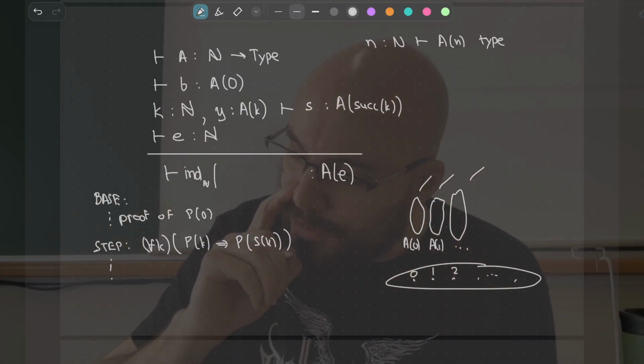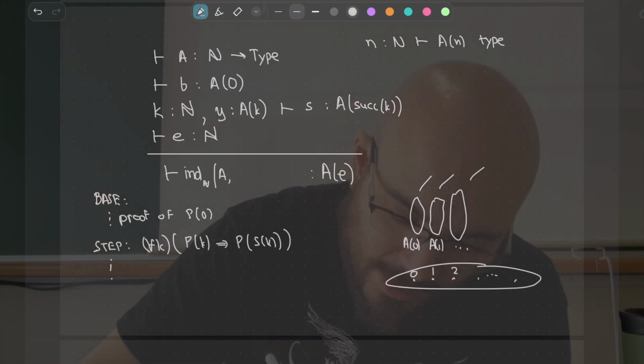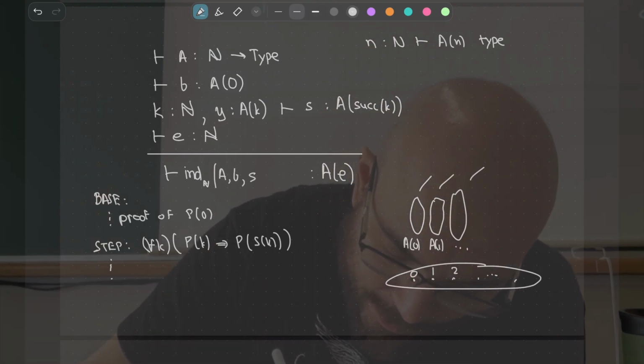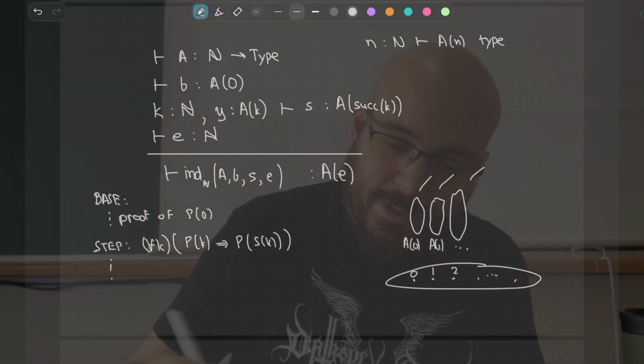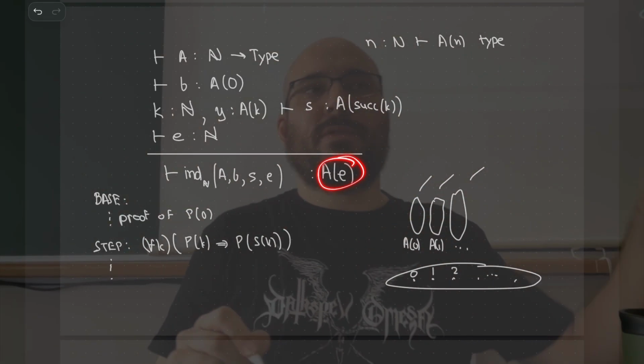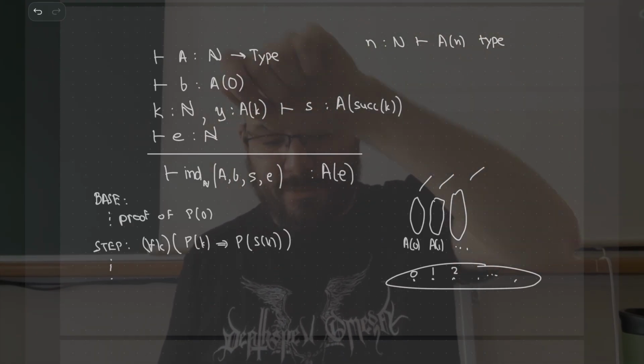First of all, I need the A, which has this type. I need the basis, I need the step, and I need a certain E. And if I provide all those things, I get an inhabitant of A of E, a proof that E has this property.